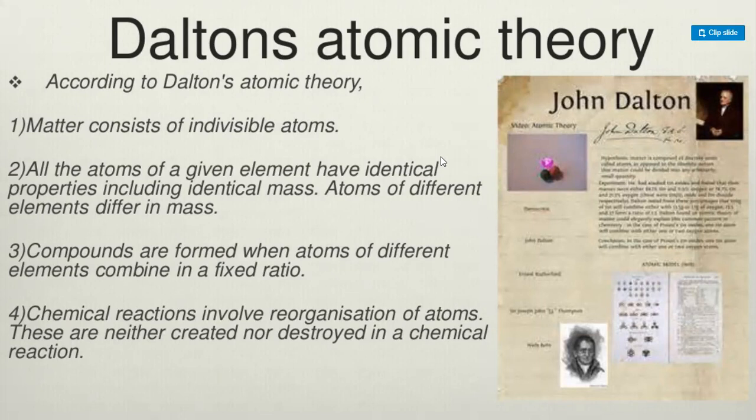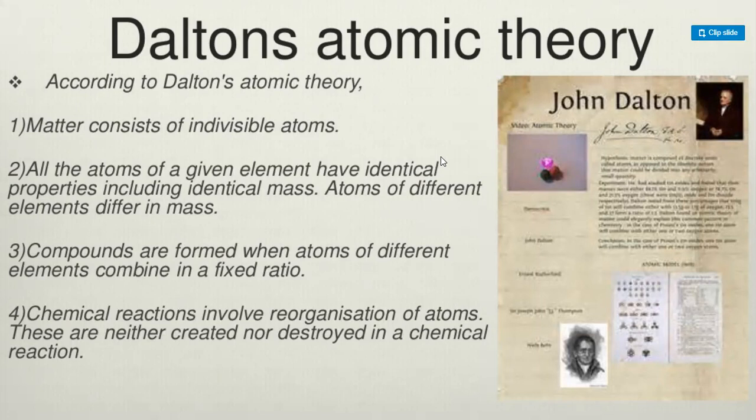Compounds are formed when atoms of different elements combine in a fixed ratio. When different elements combine together and form a new compound, it will be in a specific ratio. Chemical reactions involve reorganization of atoms. Atoms are neither created nor destroyed in a chemical reaction.